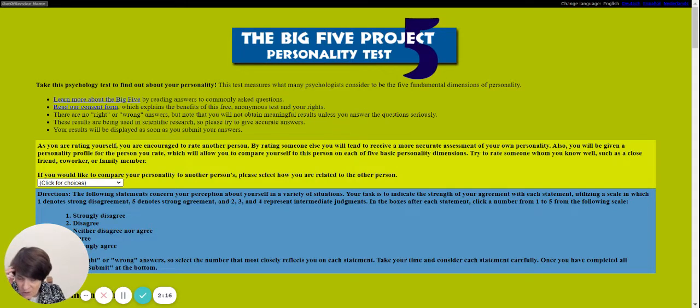Some of the other things you need to know: theorists. So personality theorists, men and women who came up with theories about personality. Of course, the first one was Sigmund Freud. You need to learn a lot about him this week, about defense mechanisms, for example, and projective tests, which are based on his theory. B.F. Skinner is sort of the opposite extreme.